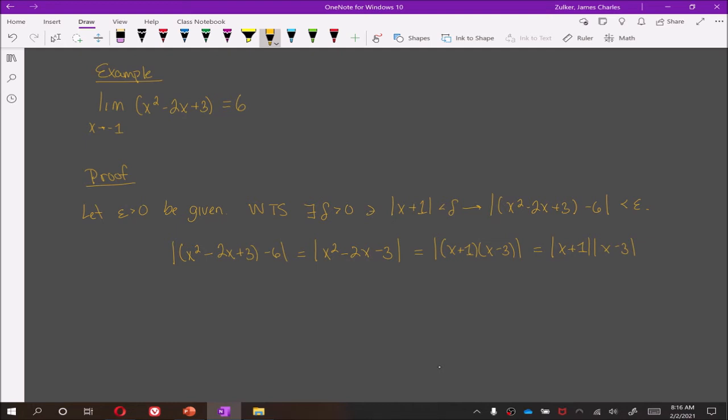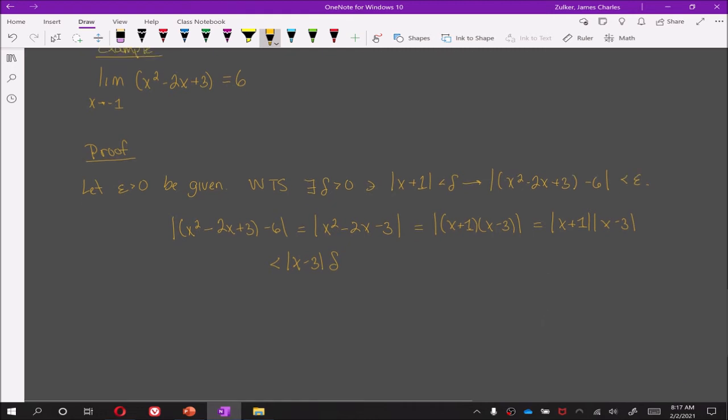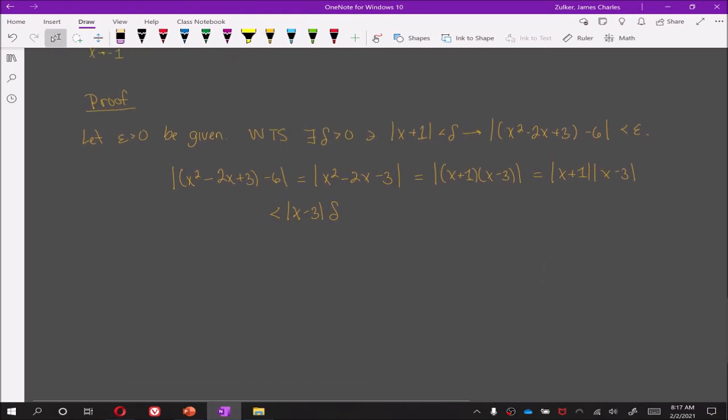Now, this absolute value of x plus 1 is less than delta, so this would be less than the absolute value of x minus 3 times delta. Now we have a problem. We want to show that our choice of delta is independent of the value of x. And right now it's not. So we want to somehow get rid of this absolute value of x minus 3.